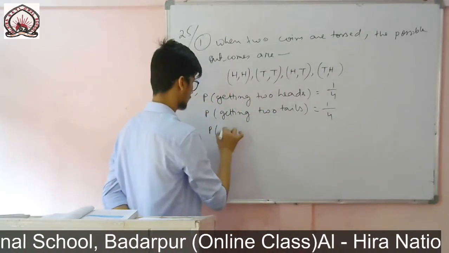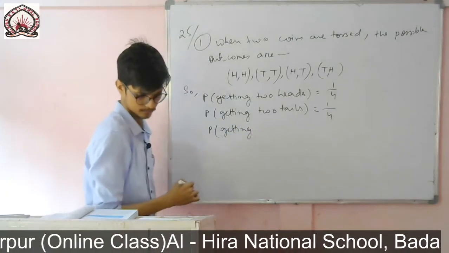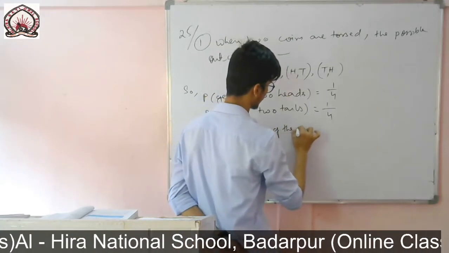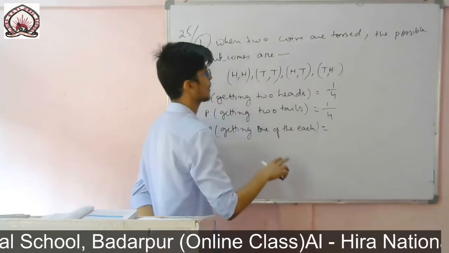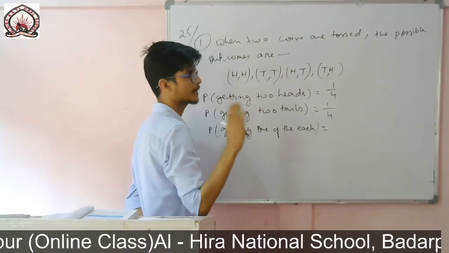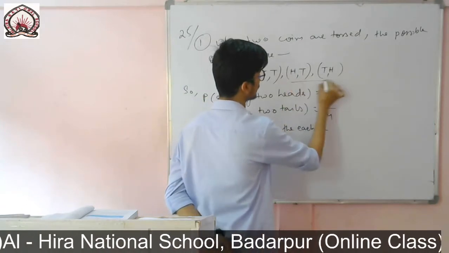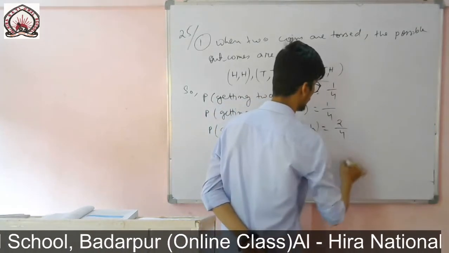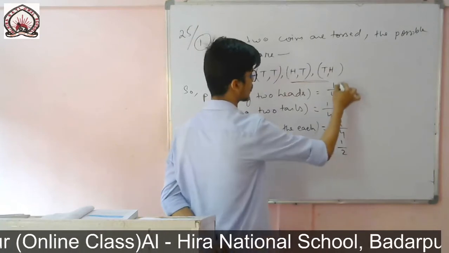Then the probability of getting one of each, that means one head and one tail, or one tail and one head should be there. So what are the cases? You see how many events I am getting? 2 events. So in this case the probability will be 2 by 4, which is equal to 1 by 2. So these are not the same.